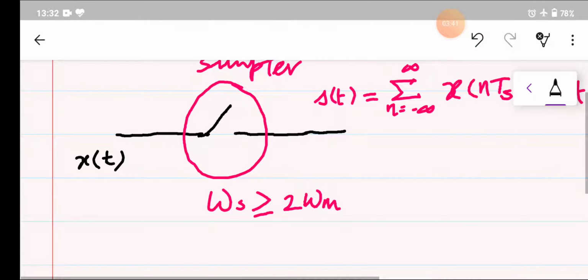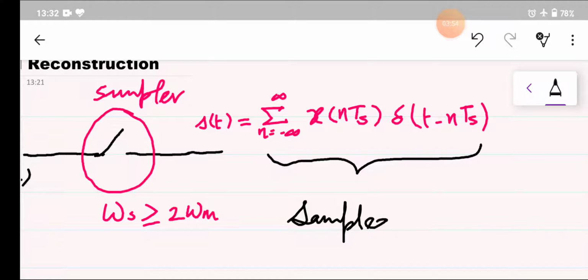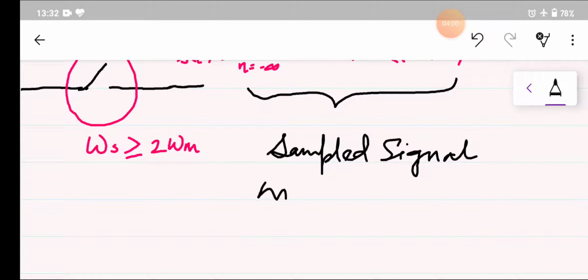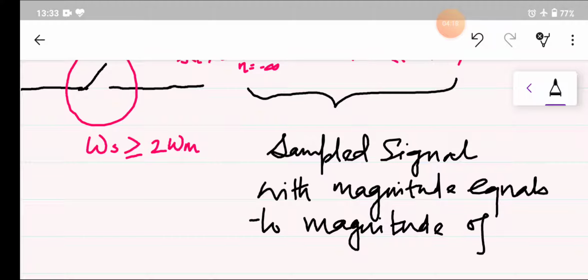Here we have a signal in continuous time, and this is our sampled signal with magnitude equal to the magnitude of x(t) at the sampling instant.